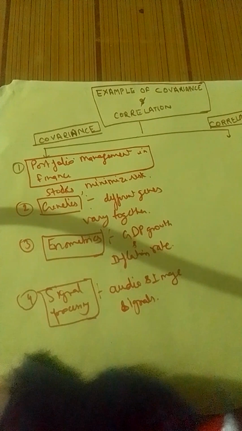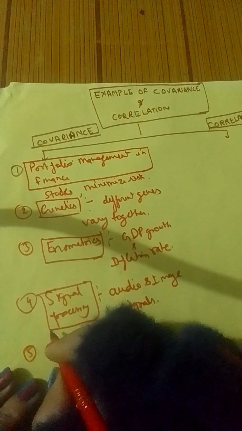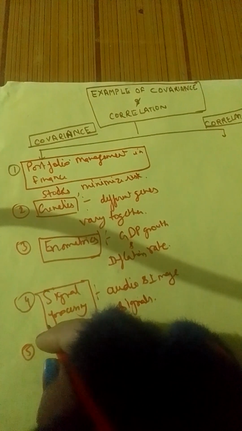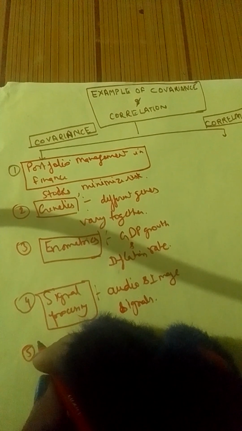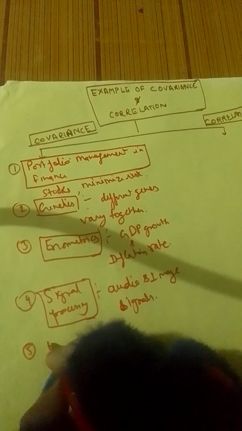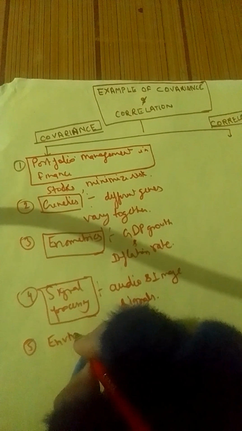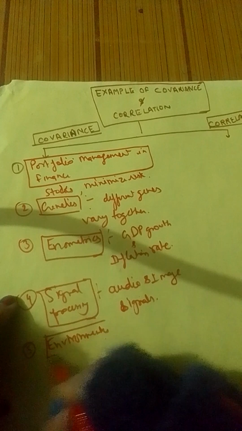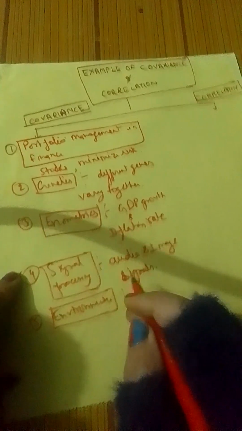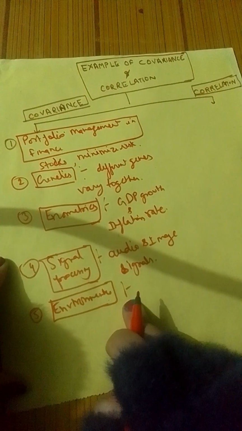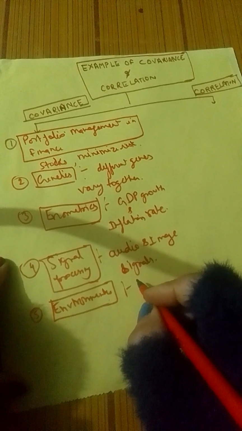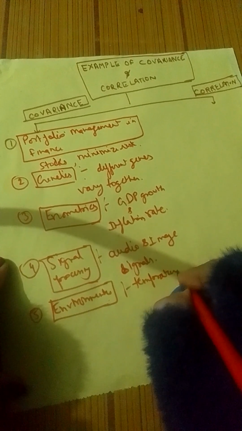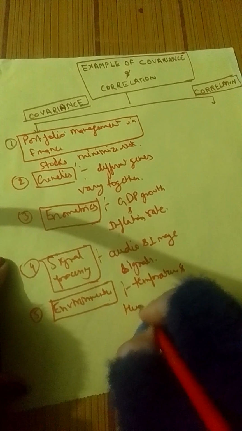Another one, the fifth, is environmental. In environments also, for example, temperature and humidity changes.